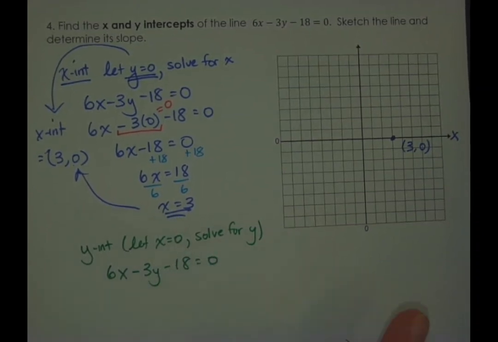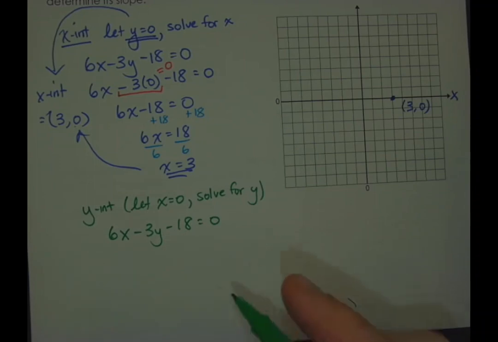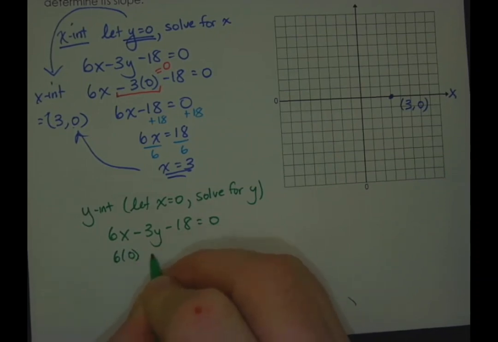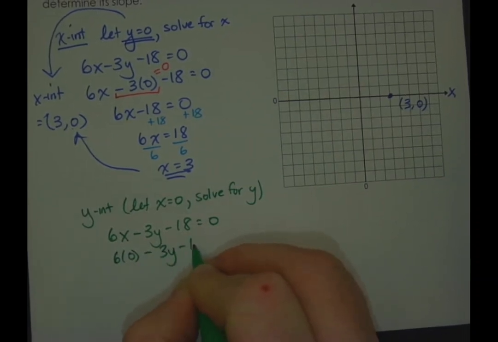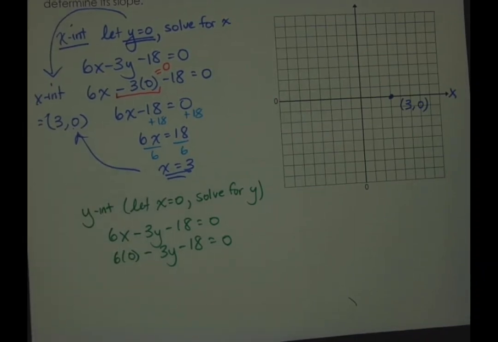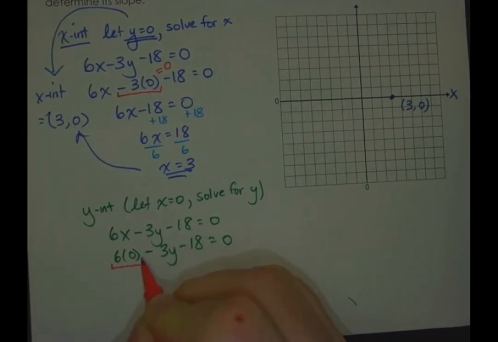And don't skip that step, because it's really important, because you want to know where you're putting 0 in. I'm replacing x with 0 there. And the nice thing again about inserting 0 is that anything times 0 is 0. So that's gone.